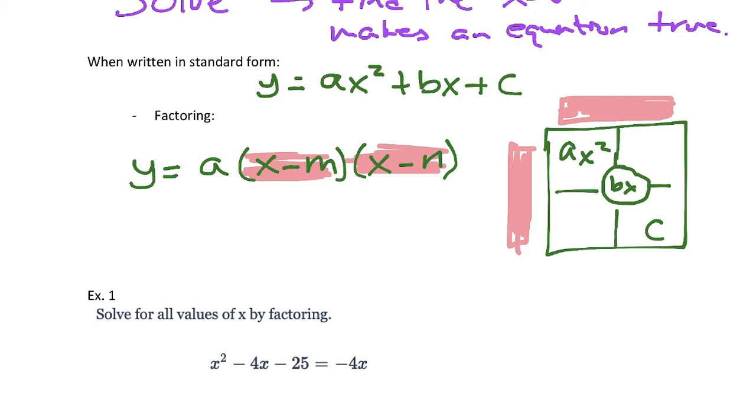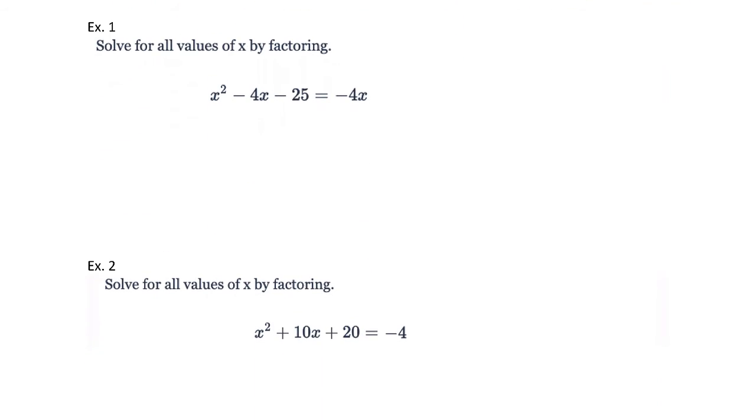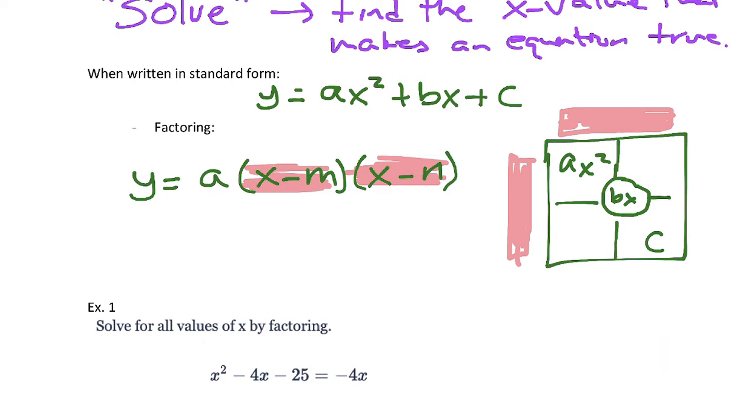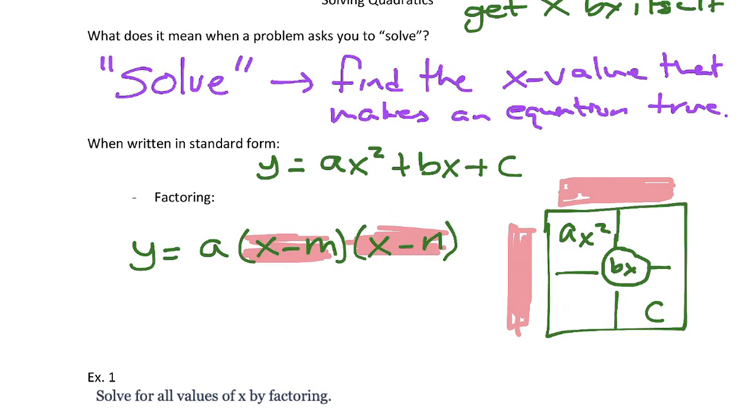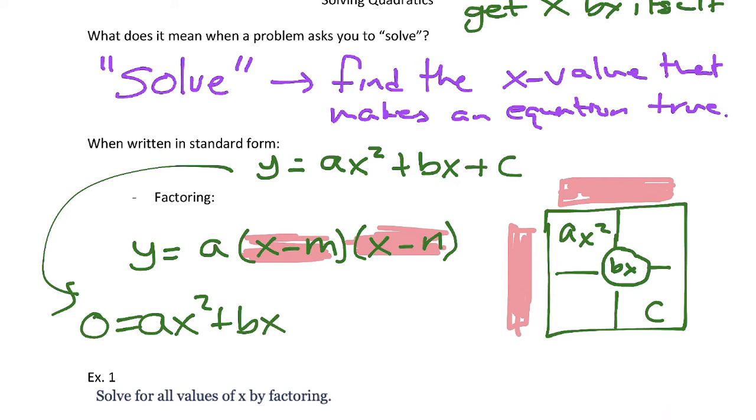So when I'm doing a problem like this, most of the time when we're solving something, it's going to be written in the form 0 is equal to ax squared plus bx plus c. We're going to try to set it equal to 0. Then we can go through and solve it.